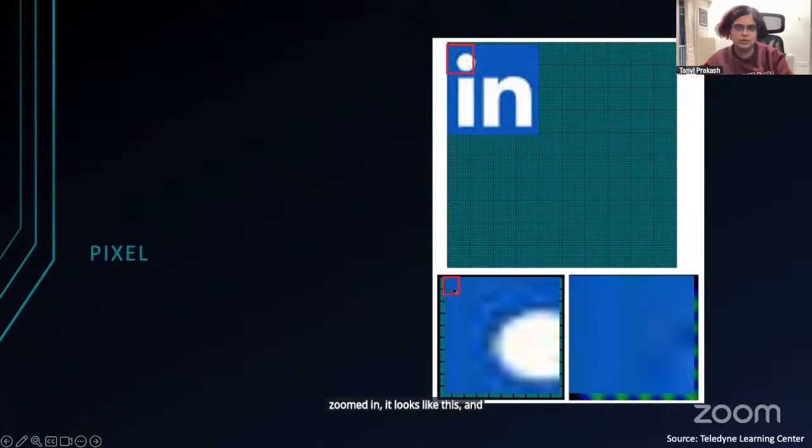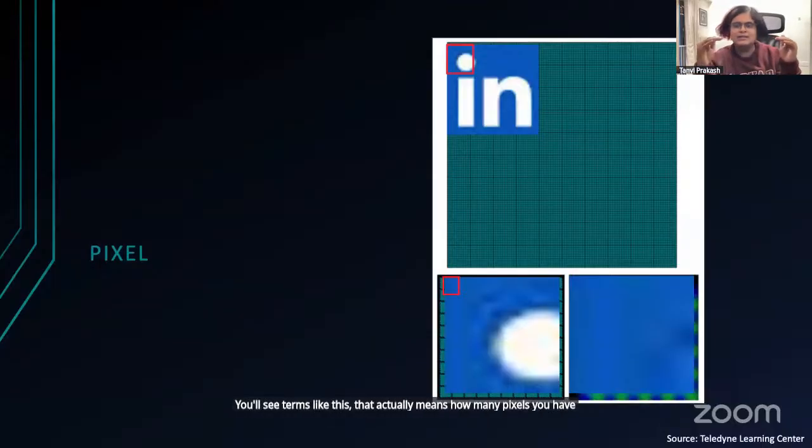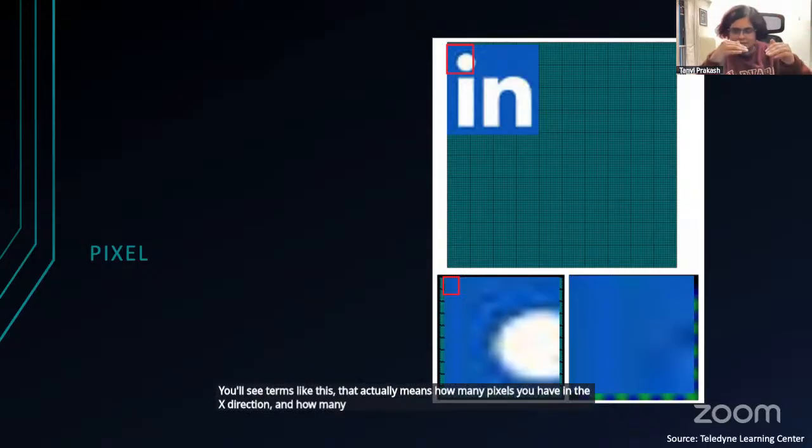And if you just look at the corner of this, it becomes the C pixel, which now contains 10 pixels inside it. So I hope you can get a scale of how many pixels go into an image. When you hear terms like 1024 cross 768, that actually means how many pixels you have in the X direction and how many pixels in the Z direction.